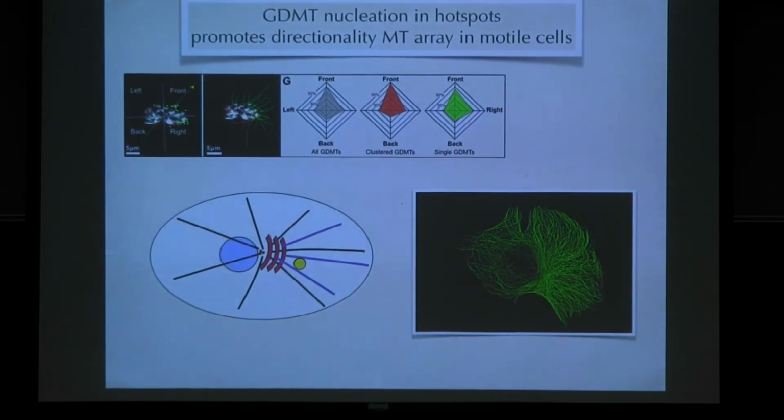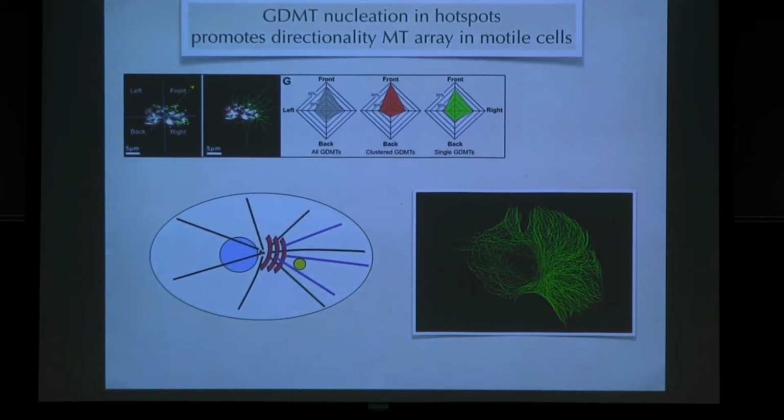Now, getting back to organization of microtubules, again, remember I told you that Golgi-derived microtubules predominantly extend toward the cell front. So one of the reasons why this could occur is because the microtubules which are clustered, which are formed at the hotspots, have higher probability to be extended to the cell front rather than those which are random.